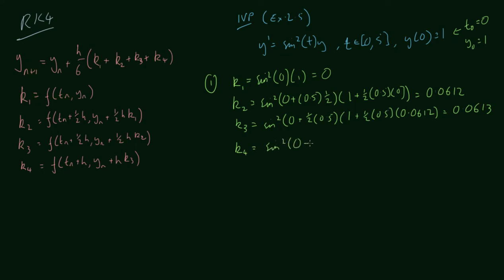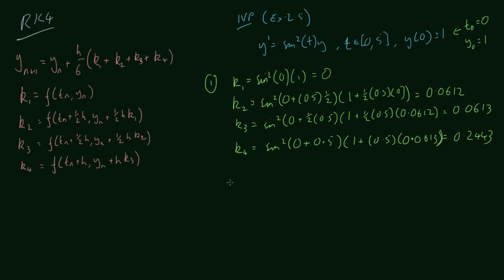The last stage value is k4. So we have t0 plus 1 times h, and yn plus 1 times h times our k3. That is 0.2443.